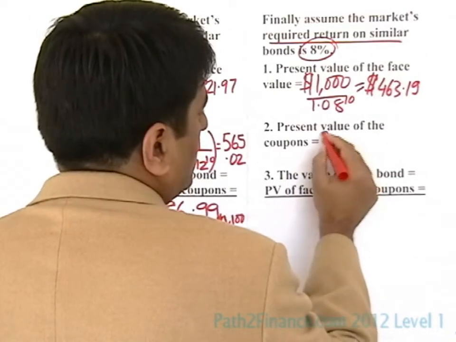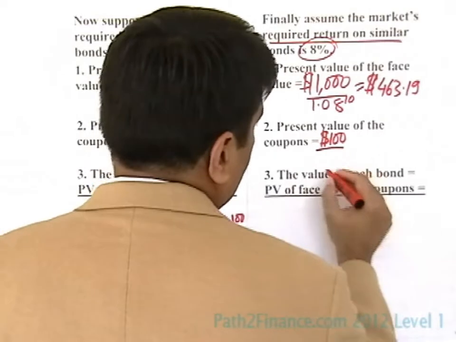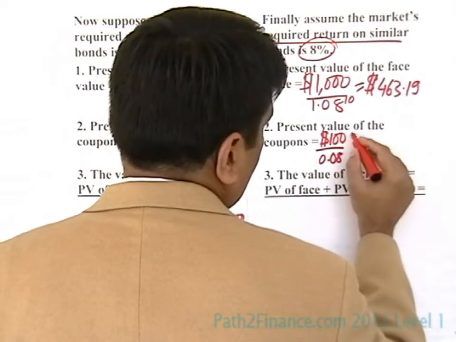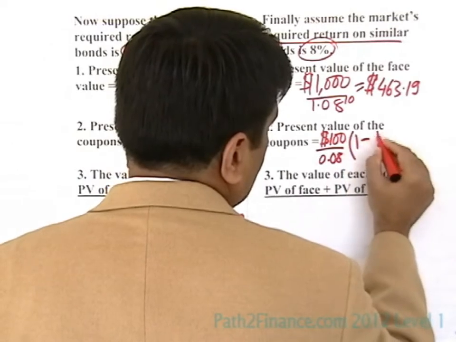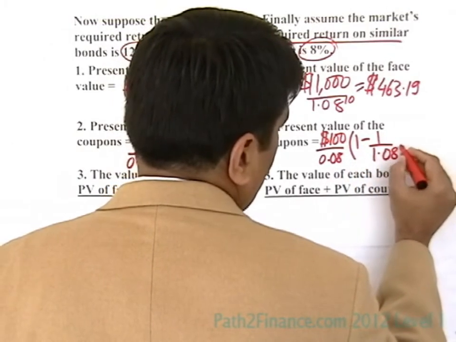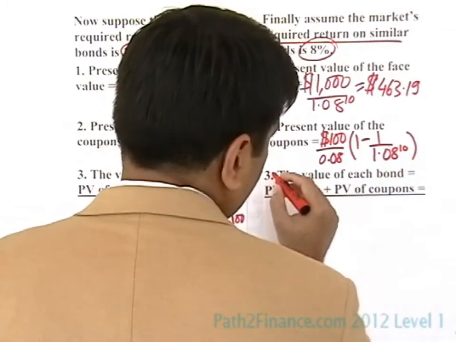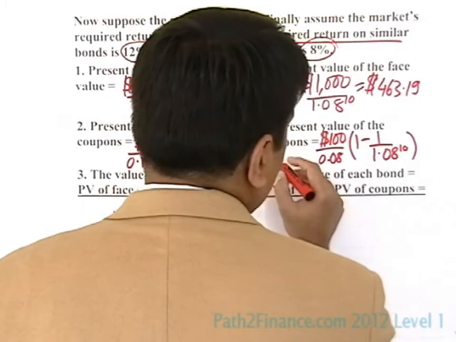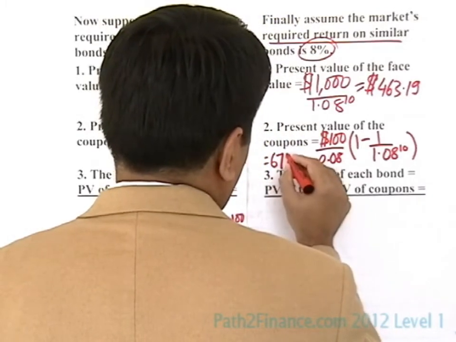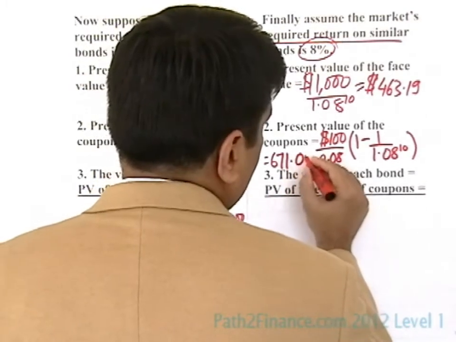The present value of the coupons becomes $100 divided by 0.08 into 1 minus 1.08 to the power 10, which equals $671 and 1 cent.